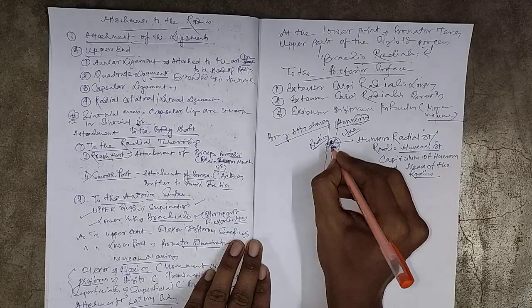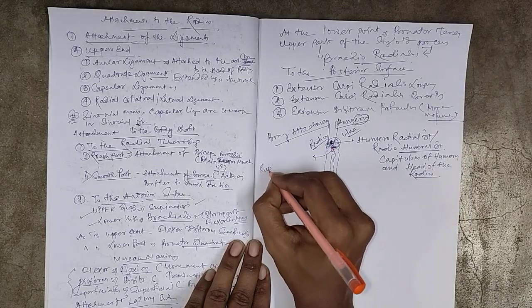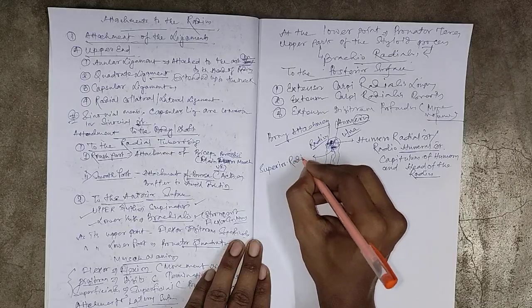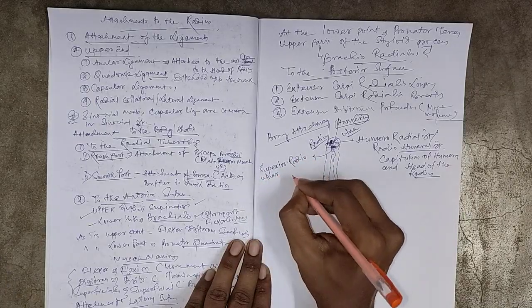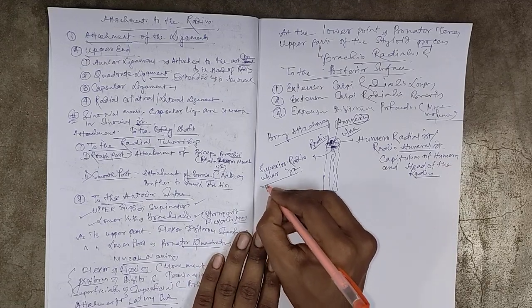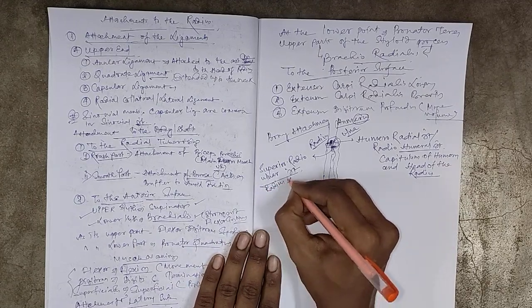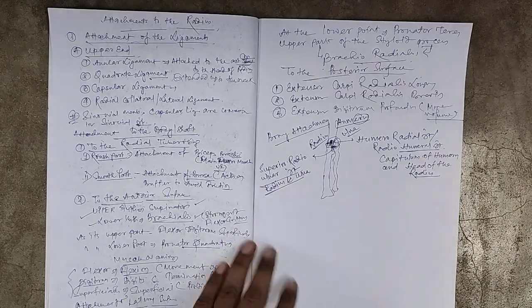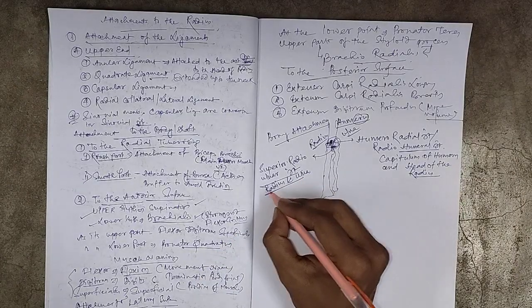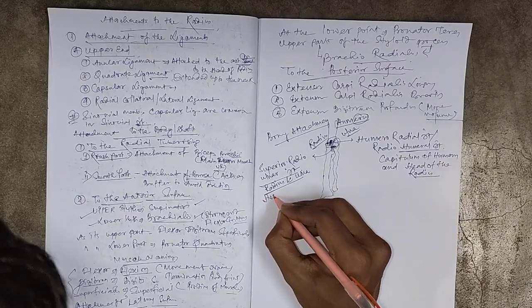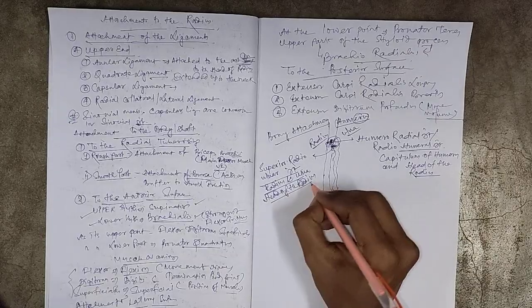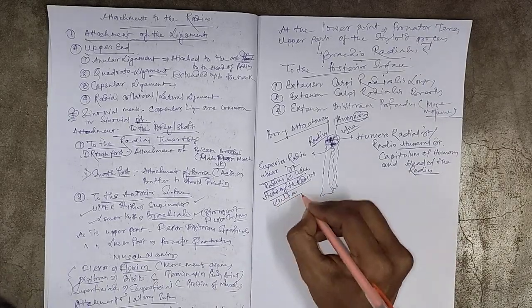Now here the superior radioulnar joint is formed between the radius and ulna, that is the head of the radius and ulna.